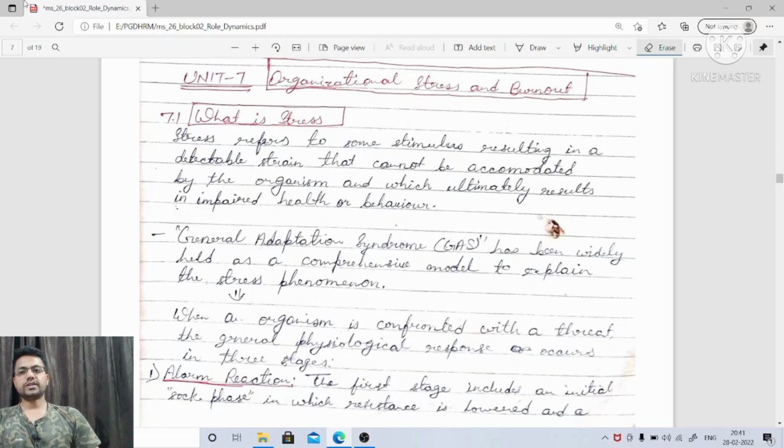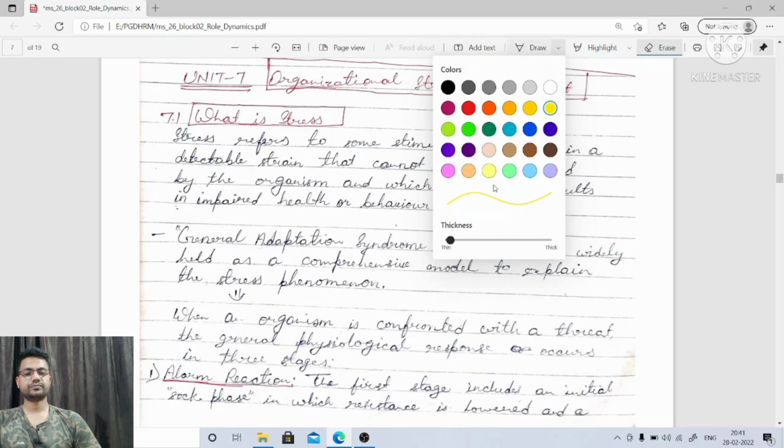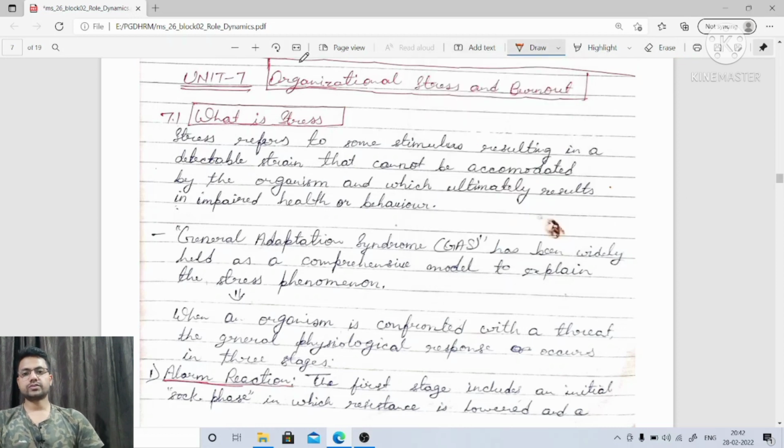So in this unit, here you can see the first point given, 7.1, what is stress?